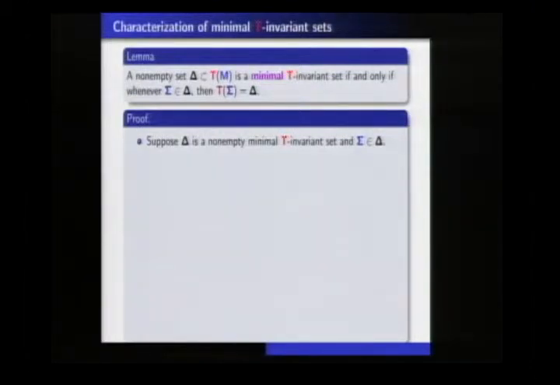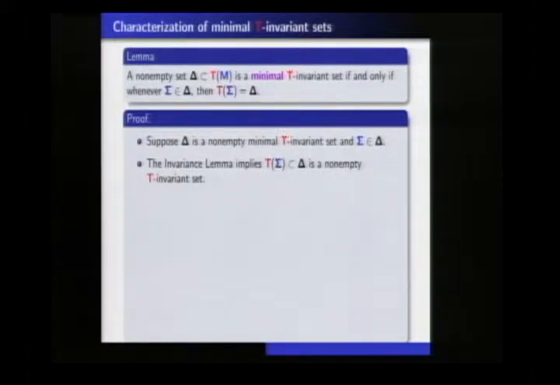We have a minimal t-invariant set, and we want to show that whenever we take a surface in it, T of sigma equals the entire set. So you start out with one of these, take a surface in it, and we need to verify this property. By the invariance lemma, T of that is a non-empty t-invariant set. Limits of limits are coming from limits.